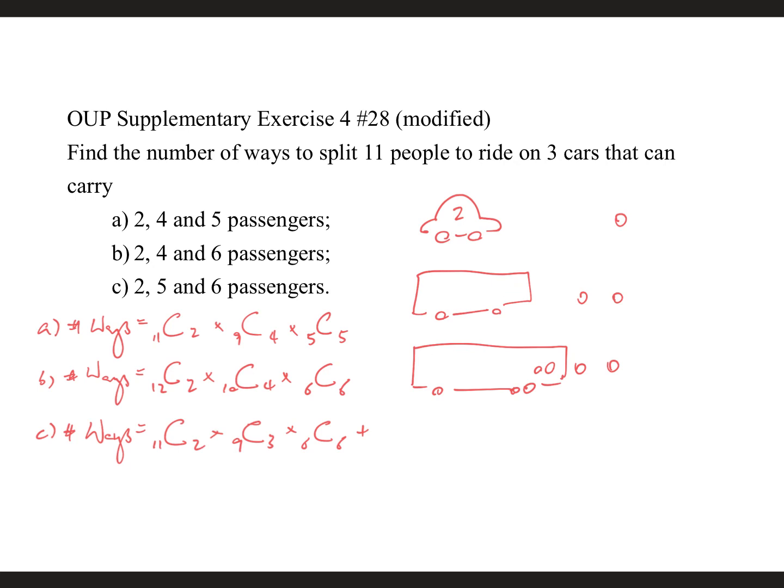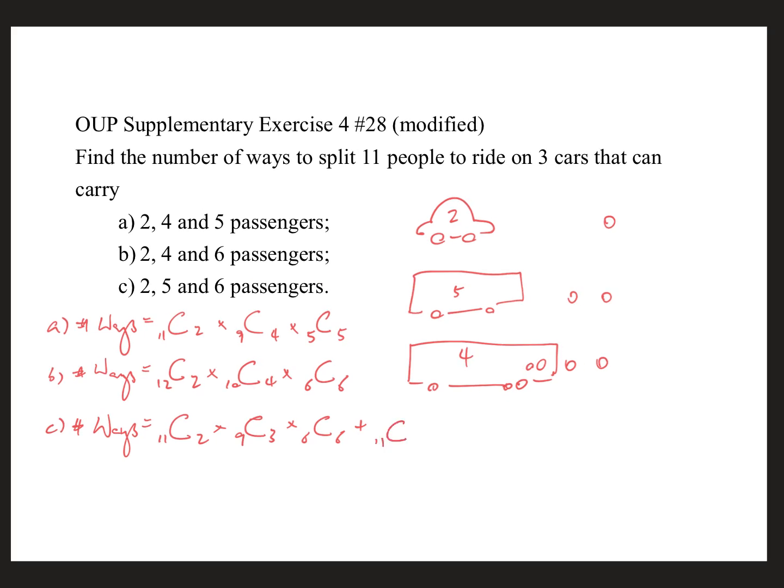Then we choose 5 here and 4 here. Fill 5 and then fill 4. So it is C(11,2) times C, for the rest of the 9, we choose 5 of them. And for the rest of the 4, we choose 4 of them. We'll fill the cars in this way.